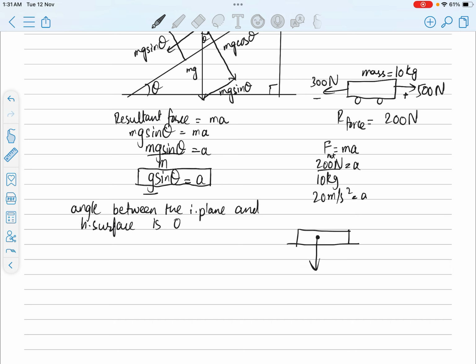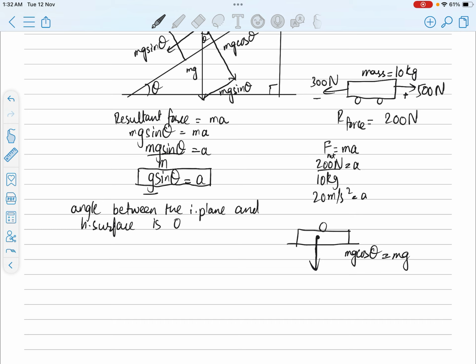So if the angle is 0, the perpendicular component mg cos theta is actually equal to mg. How? If the body is on a horizontal plane, the perpendicular component of the weight is actually equal to the weight itself.